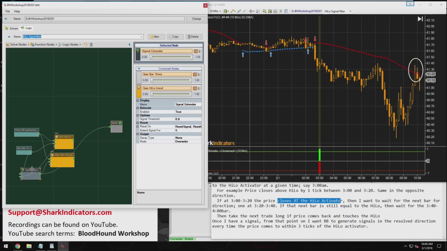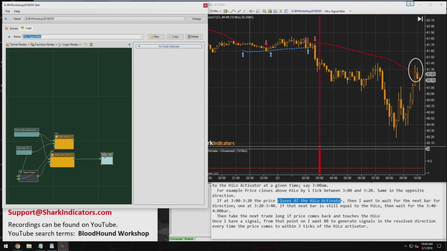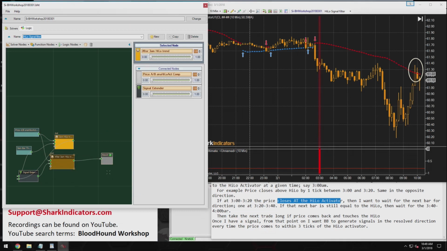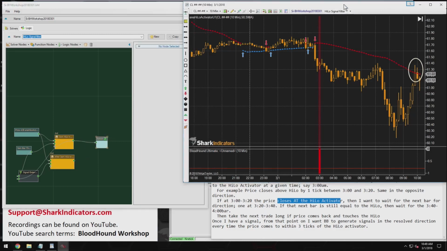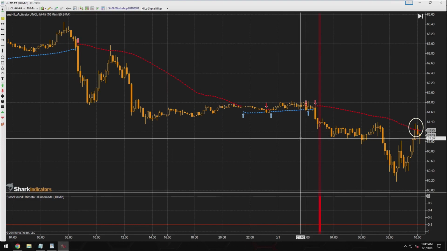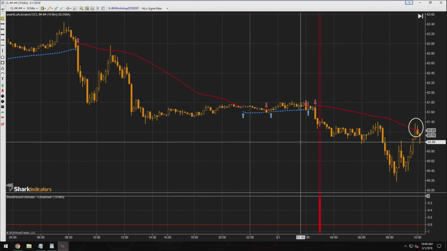So, okay, we now have the reset signal turned off. All right, if we take a look at this AND node, it's turning off if we have a signal on the 3 a.m. bar. So let's see if we actually, I doubt this probably ever happens.